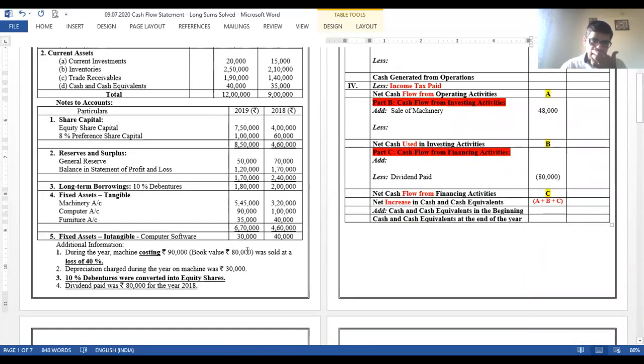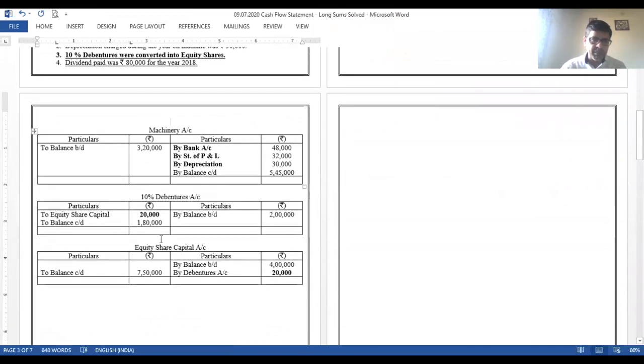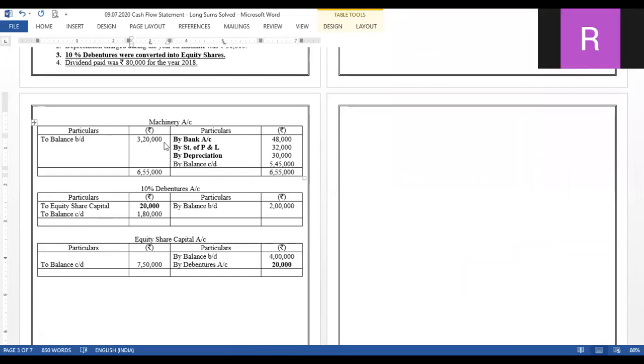Now moving towards the ledger accounts. Let us close the ledger accounts one by one. If you can help me out with the totals and all. The total on the credit side will be machine account 110, so 655 probably. Okay, get me the difference please. How much will it come? 3,35,000. Okay, and this has to be to bank account, by way of purchase.